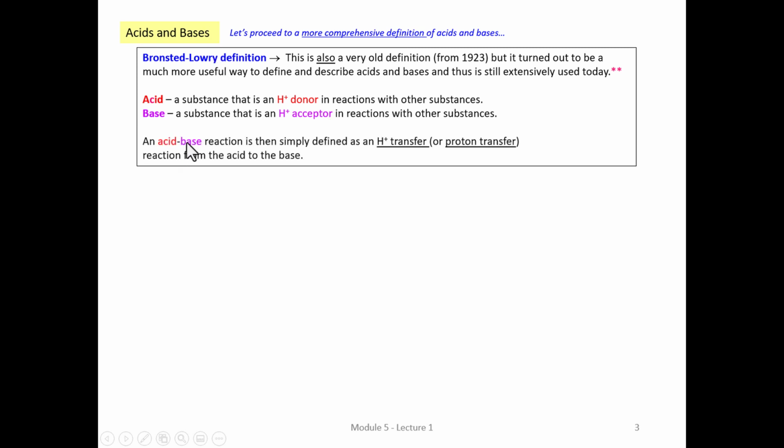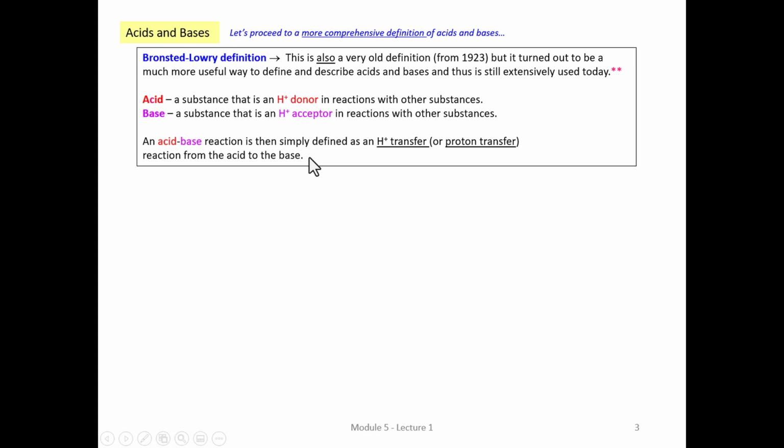So an acid-base reaction is then simply defined as an H+ transfer, sometimes called a proton transfer, because remember an H+ is literally a proton. And we say an acid-base reaction is just an H+ transfer or a proton transfer reaction from the acid to the base.